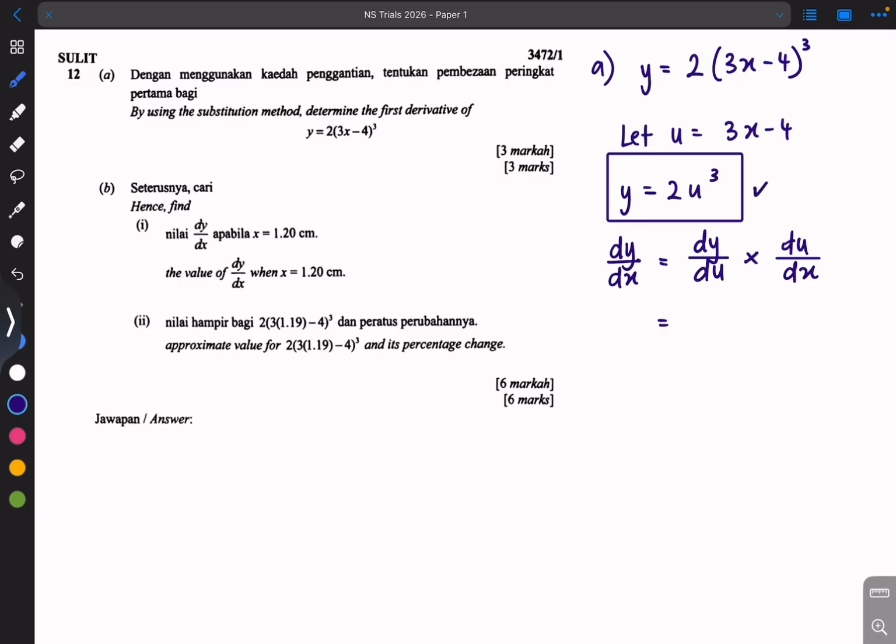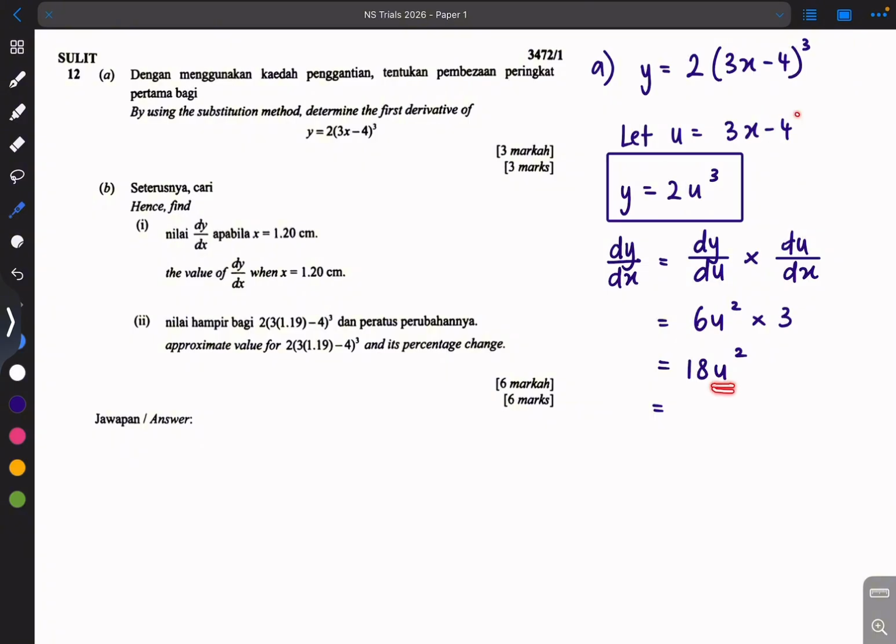Right. So if we have y in terms of u, we can find dy du. We just differentiate this lah. So this would be 6u square. This is dy du. And then we have u in terms of x. So if we differentiate this, we will get du dx. So differentiate 3x minus 4, we get 3. So this will give us 18u square. But the u is just temporary.